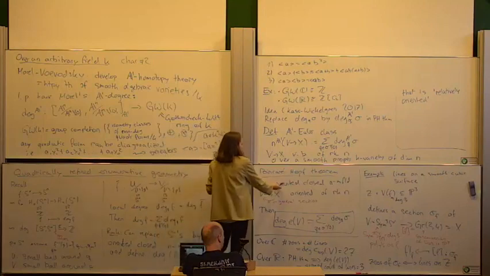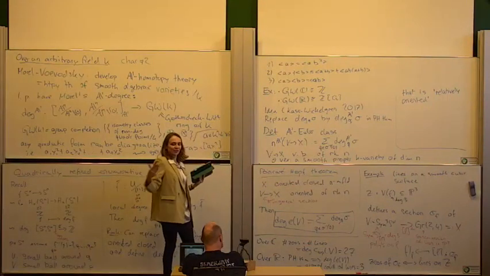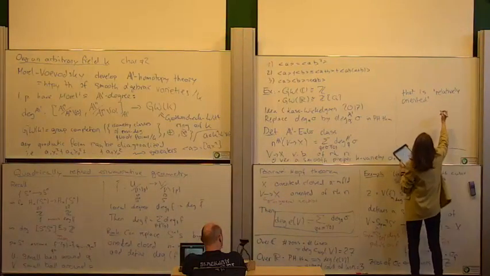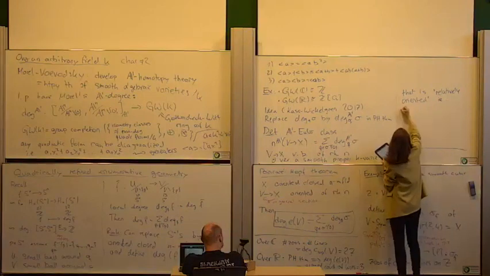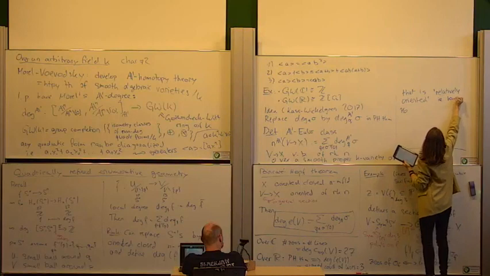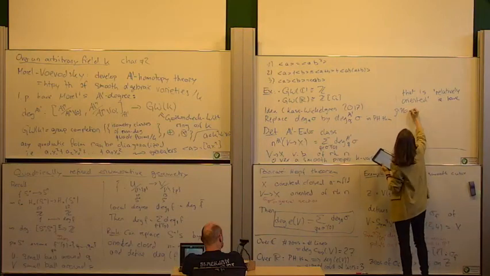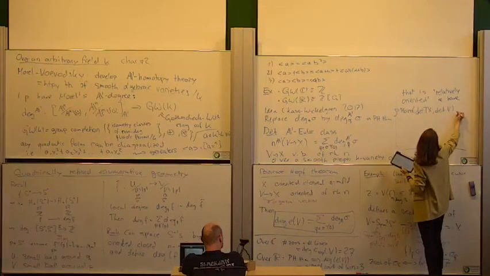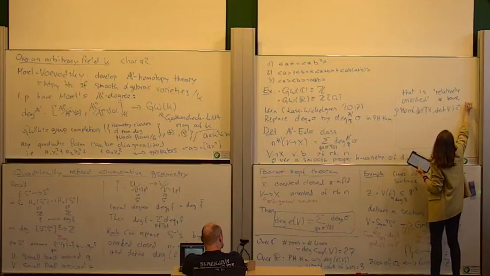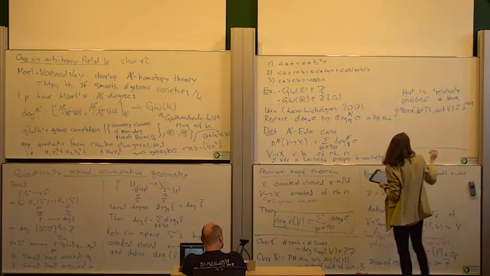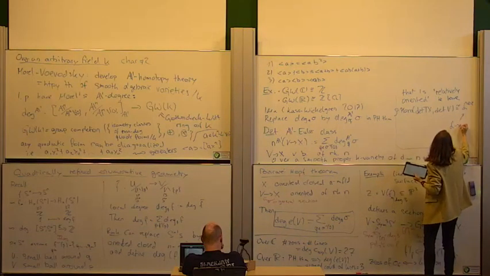But it could happen that both are not oriented, but the non-orientability just kind of cancels out in the following sense. We have an isomorphism, let's call it rho, of the following line bundles. I start with the determinant of the tangent bundle, and I go to the determinant of the vector bundle, and I want this to be isomorphic to the square of a line bundle. So here, maybe this one here is a line bundle on X, some line bundle.